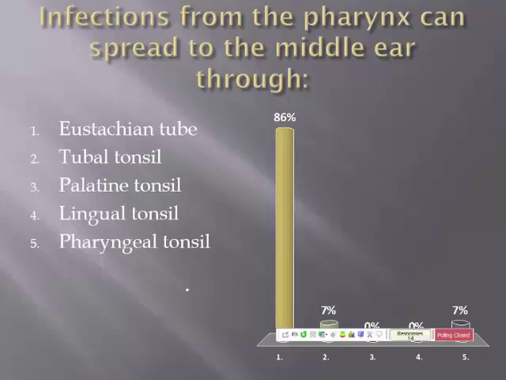Yes, through the eustachian tube. Remember, the eustachian tube connects these two areas. And that's why I told you that in children, the eustachian tube is shorter and more horizontal. It makes it much easier for infection to spread in children, which is why very often when children get a cold, it is not unusual for them to get a middle ear infection.